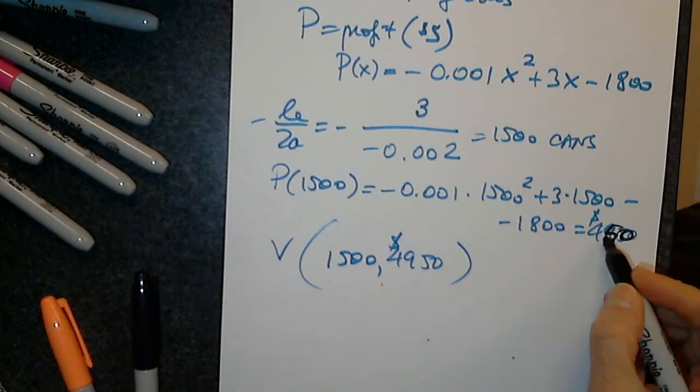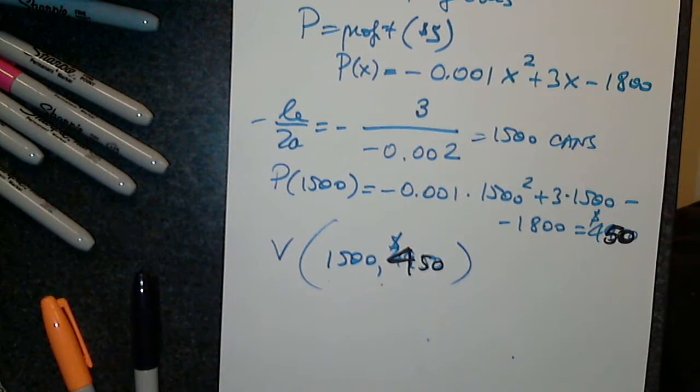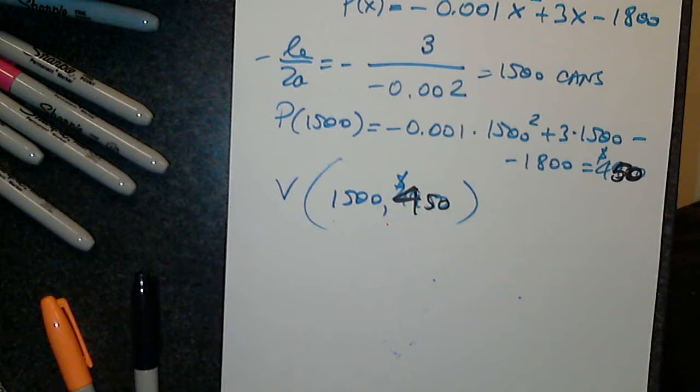So this is 450. So what would you say to this vendor? Sir, ma'am, if you want to get a profit of $450 per day, make sure that you sell 1,500. Okay, so let's take a look at the following function.